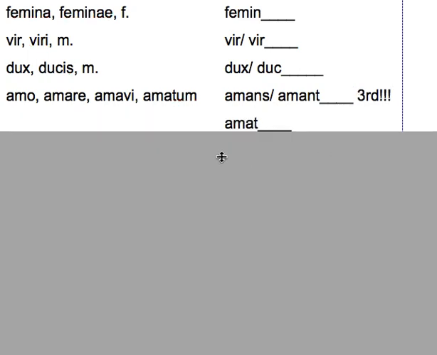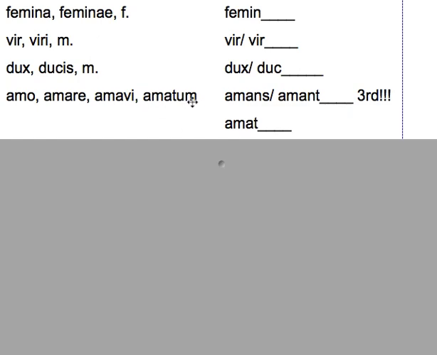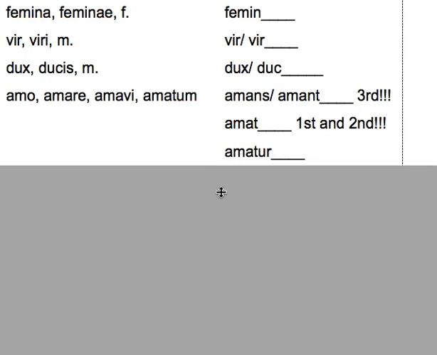The perfect passive participle, which comes from the fourth principal part, has a stem of amat. And then you add to that first and second declension endings, like amatus, amato, amatum, amatarum. Then the future active participle.